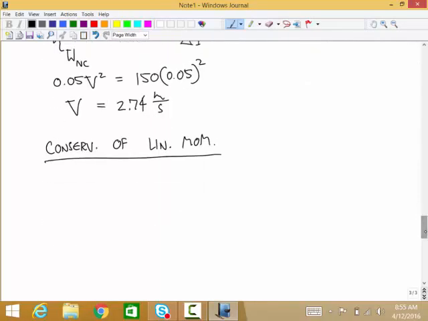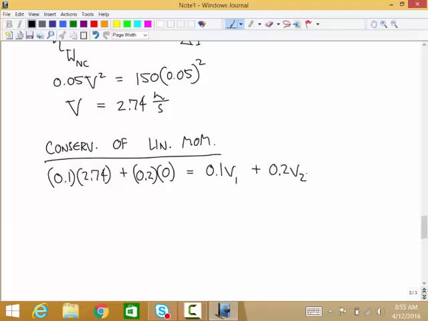Conservation of linear momentum now. Before the collision, we have 0.1 times 2.74 plus 0.2 times 0. Those are the linear momentums of the two balls before the collision. After the collision, you have 0.1 times v1 plus 0.2 times v2.